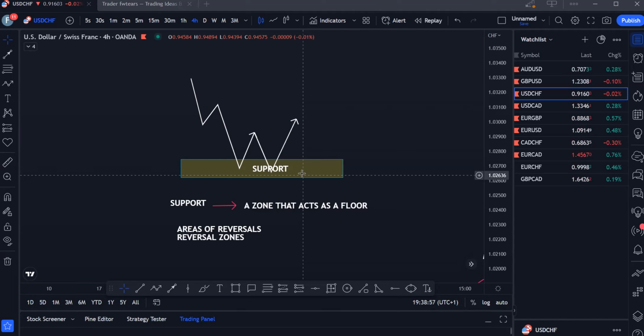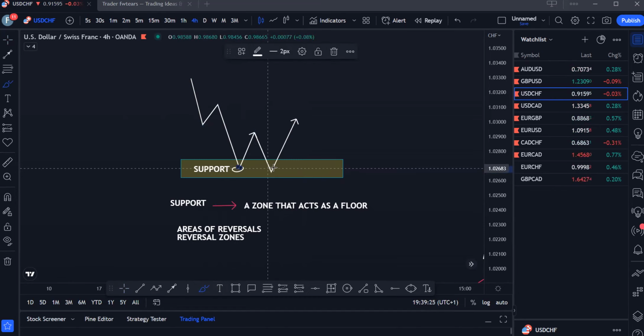So you want to identify strong zones where price reversed in the past, such that if price should come back into that zone in the future, you are ready to place a trigger for an entry. In this case, for a support, price has acted as a support. So we have two touches here. Usually, what validates a support zone is two touches. When price reacts at a zone twice and the zone held twice, it gives you some sort of validation.